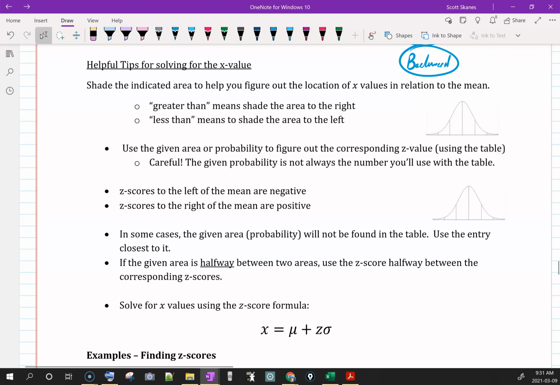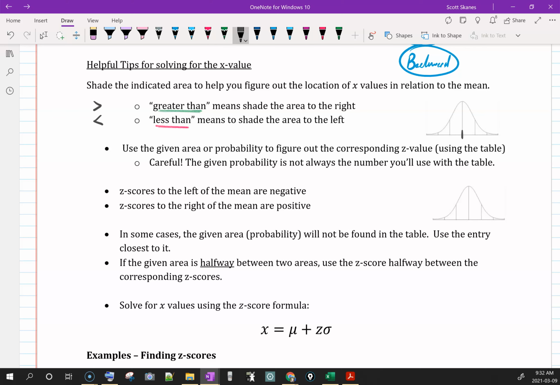So these are some tips for solving for the x value. First of all, shade the indicated area to help you figure out the location of the x values in relation to the mean. So for example, greater than, which for example might mean this symbol, means shade the area to the right. Less than, which means this symbol, means shade the area to the left.